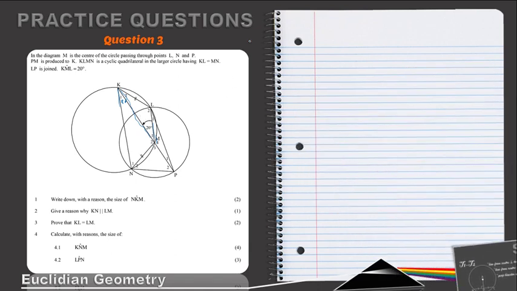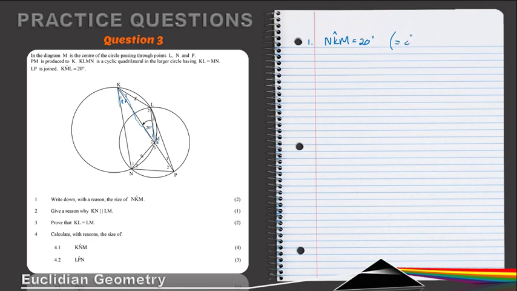So let's look at writing that. So we've got 1, and then the size of NKM, so NKM is equal to 20 degrees. So our reason is angles subtended from the same or equal chords subtend equal angles.